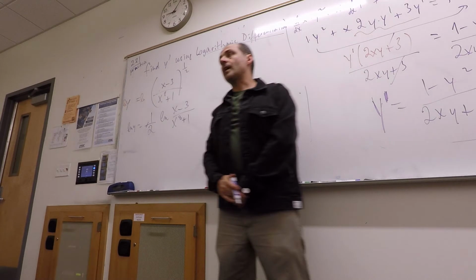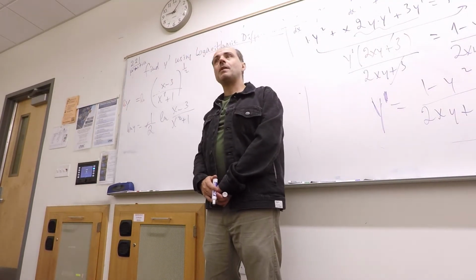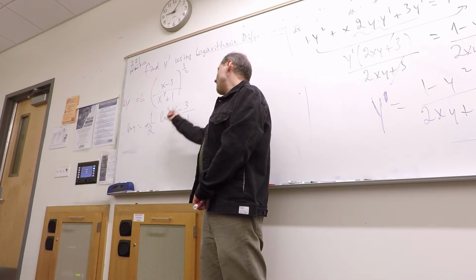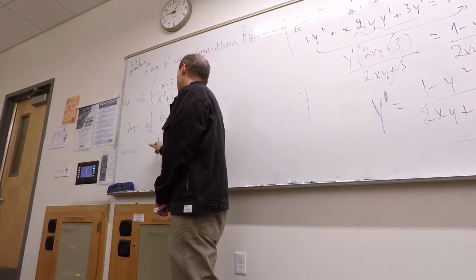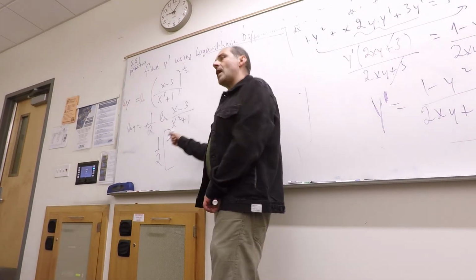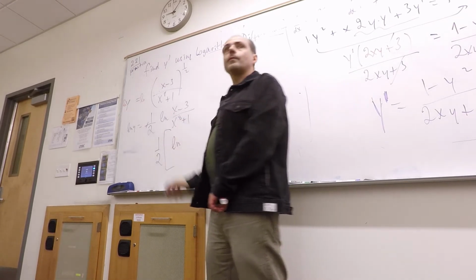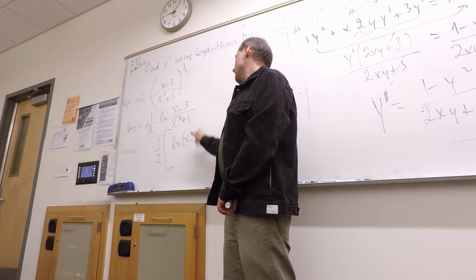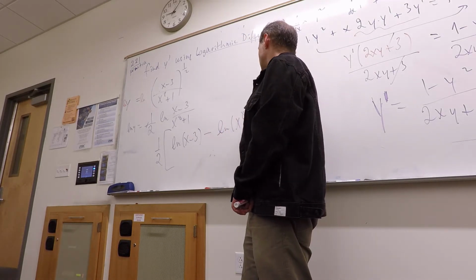Then you think, can I apply more rules? Yes, you can simplify more: log of the top minus log of the bottom. This 1/2 is for this whole thing. So it's ln of x minus 3, minus ln of x to the 8 plus 1.